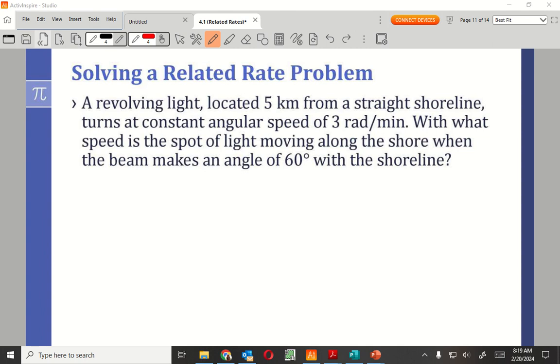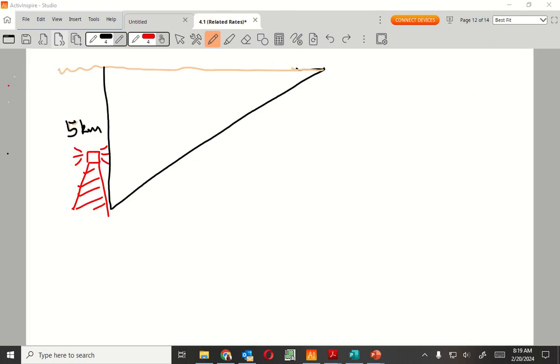So it's rotating, so as a rotation, my theta, per second or minute?